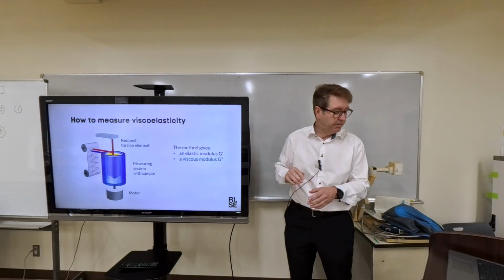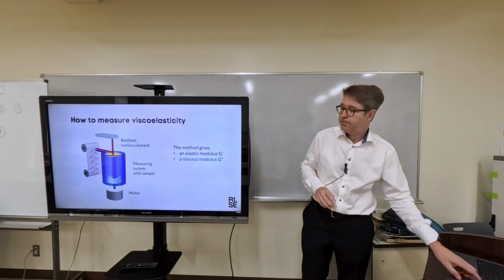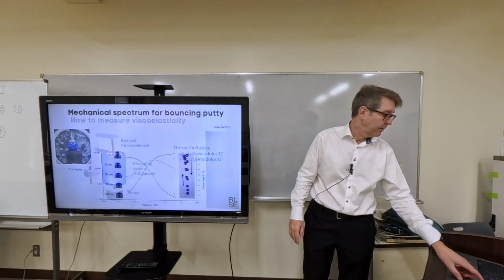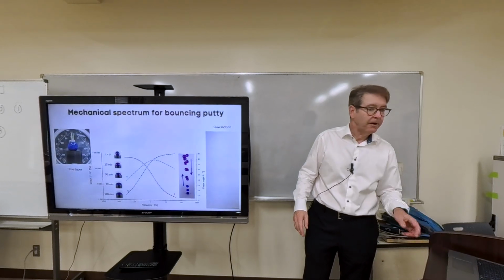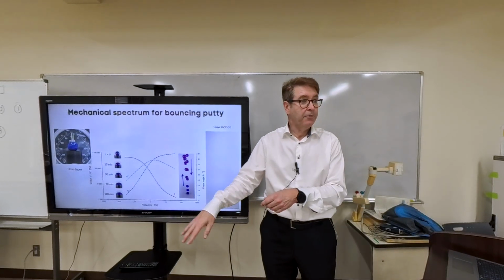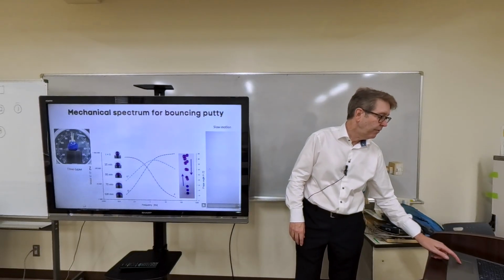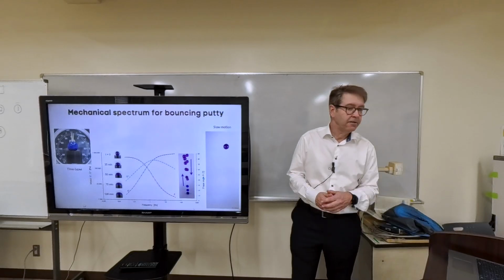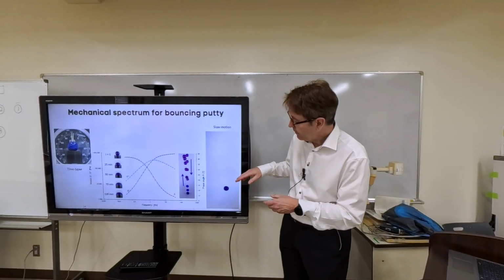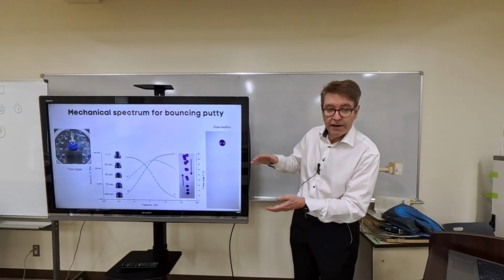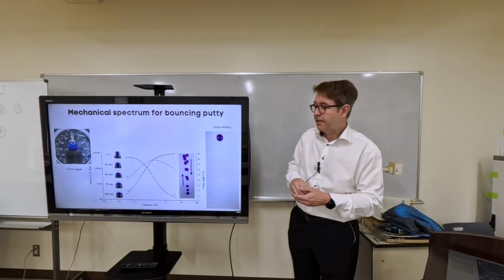I'll go briefly through this, because this is more than what you will ever come into in this area, I think. But the usual example is again this silicone putty that bounces. So if you do a fast deformation, now I've filmed this in slow motion, this clay will drop and it will bounce like a rubber ball because this is very fast and then it acts as elastic.